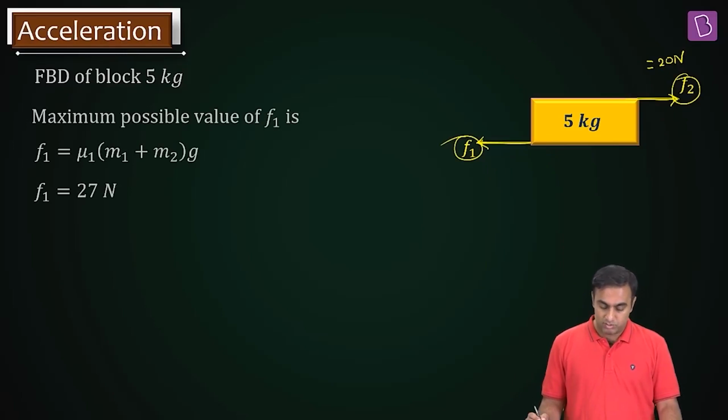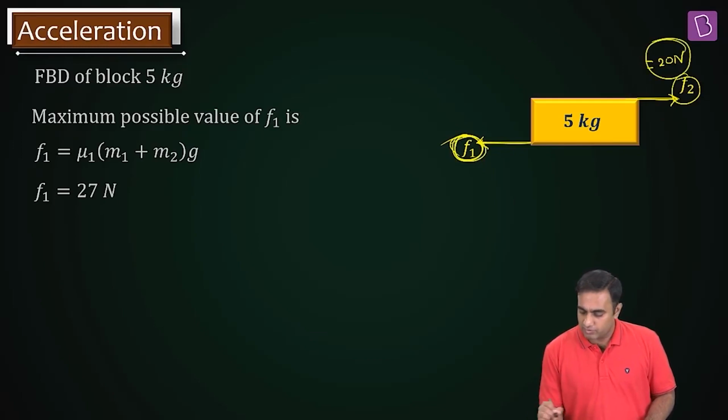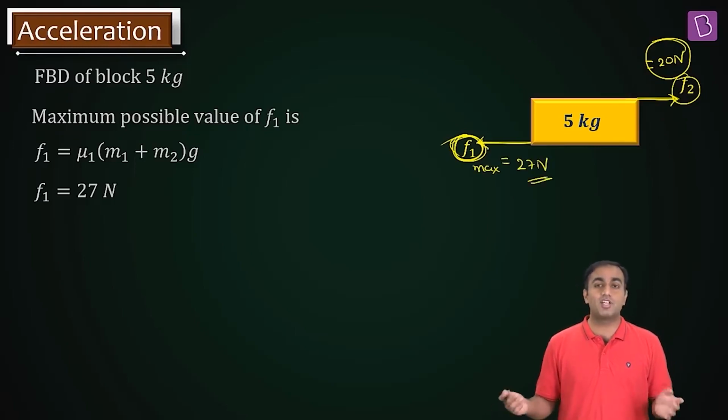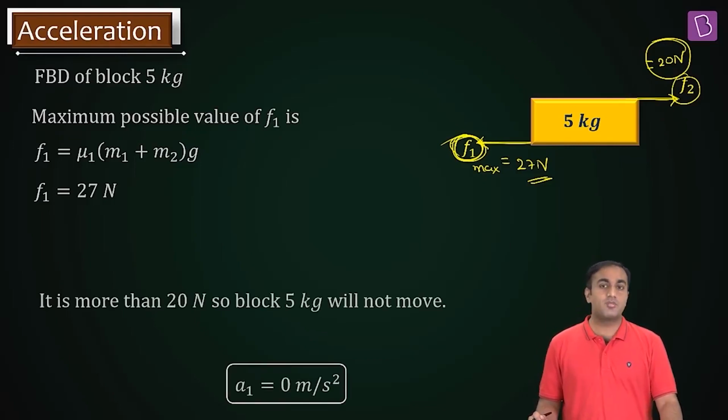And we also know the value of this F1 max. It happened to be 27 Newton. Do you see that the driving force 20 Newton is less than F1 max, which happens to be 27 Newton? What's the conclusion then? The 5 kg block will not move. So the acceleration of the 5 kg block is 0 meter per second square.